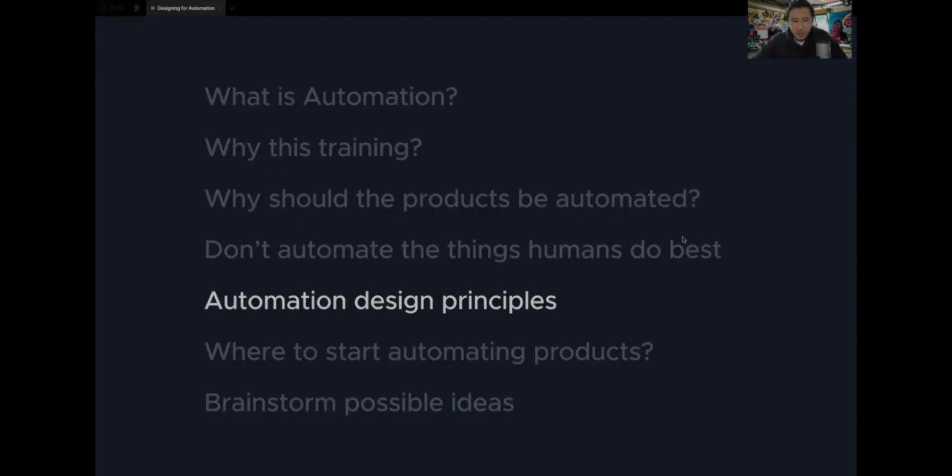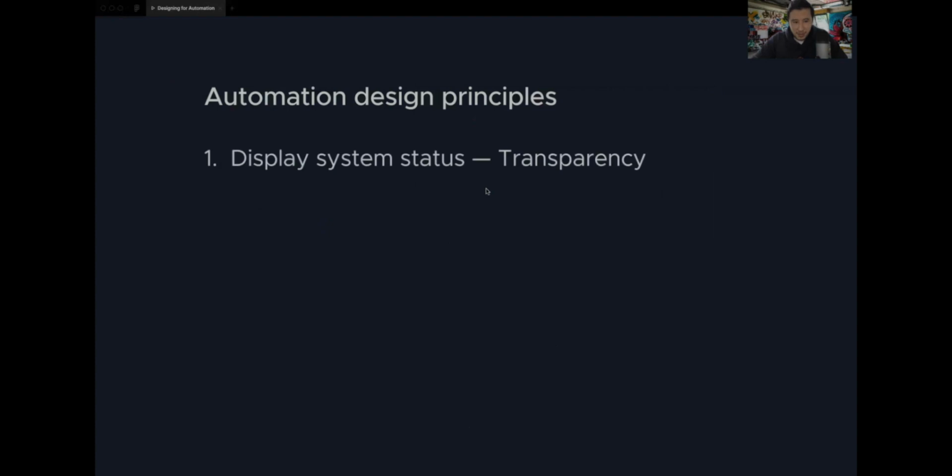The most important part: automation design principles. The first principle is displaying system status, transparency. Without understanding what an automated system will do, what it's currently doing, or what's been done, users may not trust the system. That's why the system always should be visible.